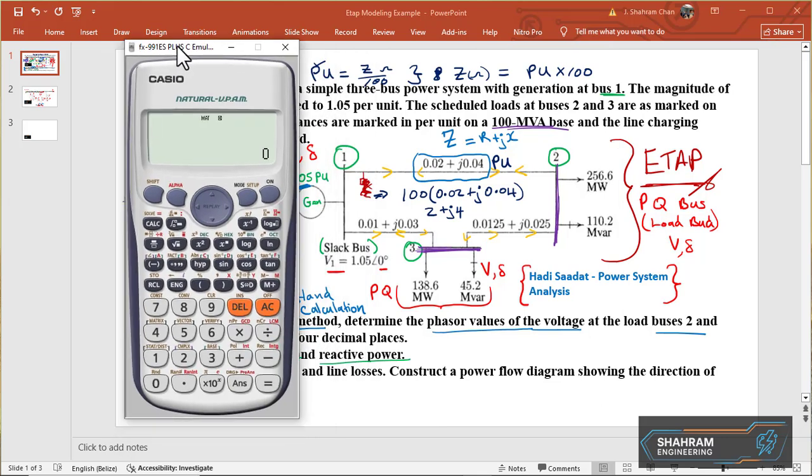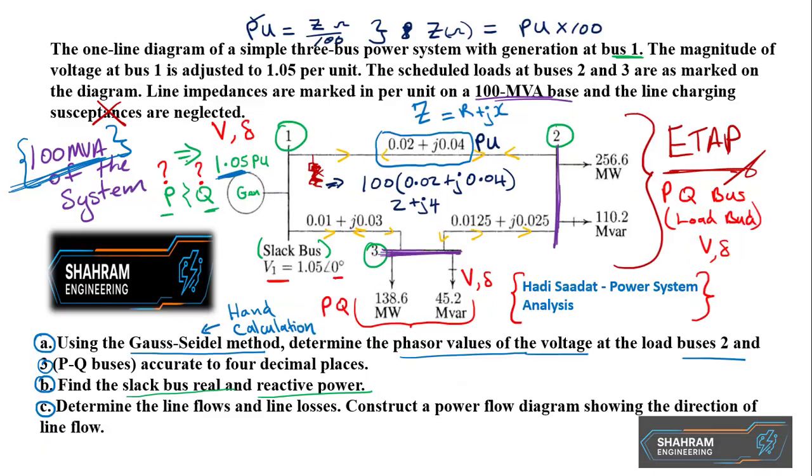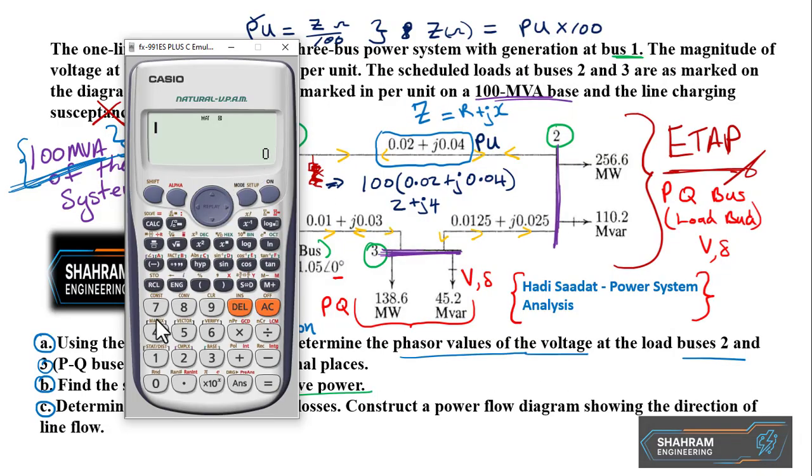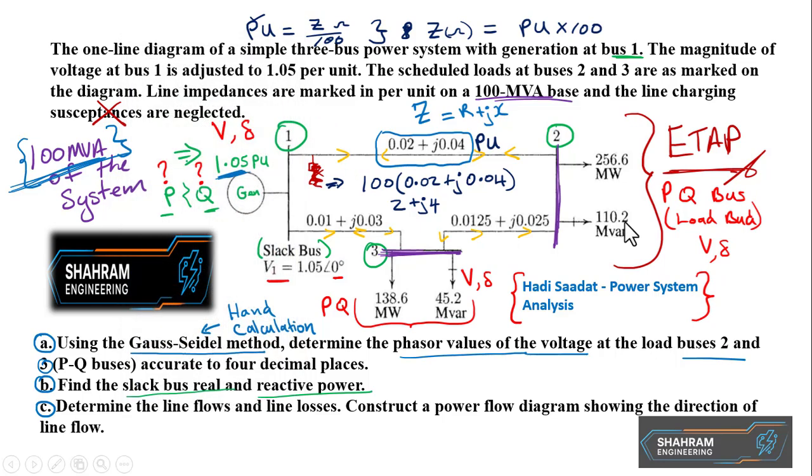For those that need evidence, and believe me, it is good to cross check, because it's a simple multiplication, but it's always good to have no doubts. 100 times 0.02 is 2, and then this, of course, is 4, and so on. So these will be plugged into ETAP, these values here. Same thing with this.